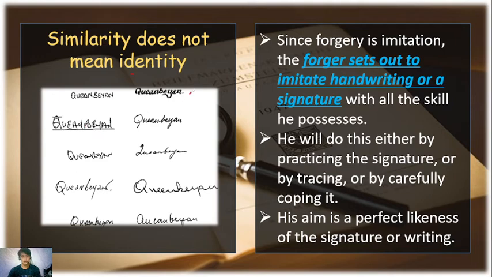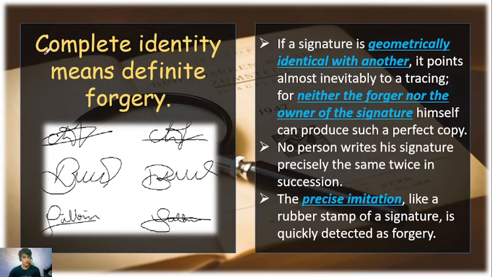When it comes to signature, hindi porket magkapareho yung signature ay ibig sabihin na confirm na siya na yung tao na pumirma nun. So meron yung instances kasi na halos parehas, magkaparehas yung pirma, magkaparehas yung characteristics. So it's very much related kasi dito sa next principle.